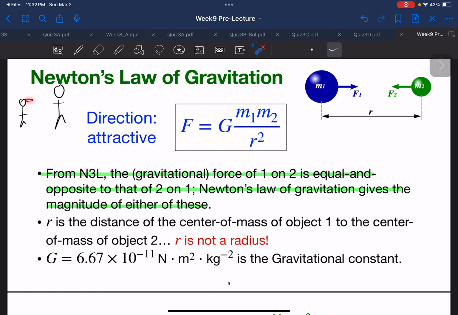Now, the gravitational force between people, we'll do this calculation in class, we'll see is tiny. When you walk by people, you don't get pulled in by their gravity field because the force ends up being pretty tiny in terms of forces that we experience in our day-to-day lives. But in any case, the point is how much one mass pulls on the other is equal and opposite to how much the other mass pulls on the first.